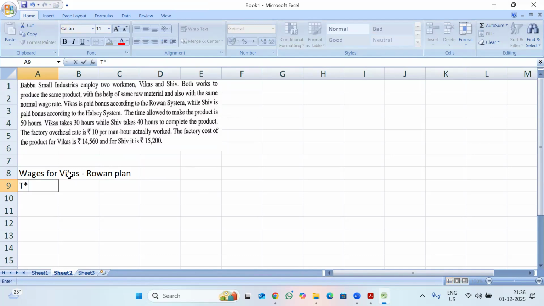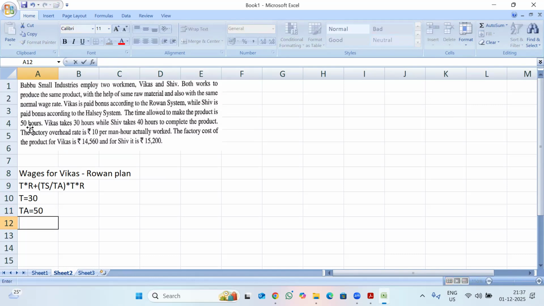Time taken into R, plus time saved divided by time allowed, that is the standard time, into time taken into R. In this problem, for Vikas, T, time taken, is 30 hours, and time allowed is 50 hours for both workers.